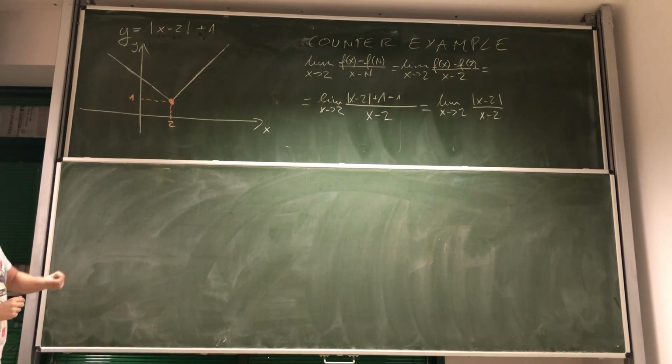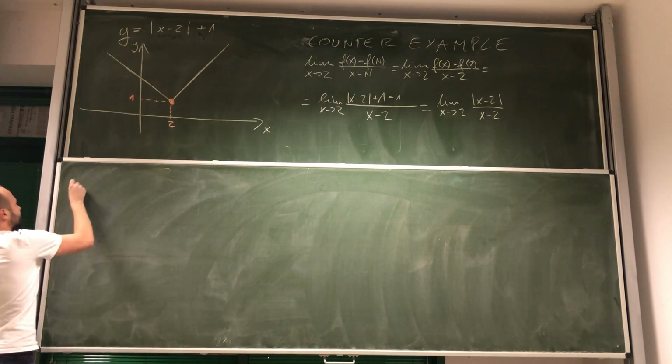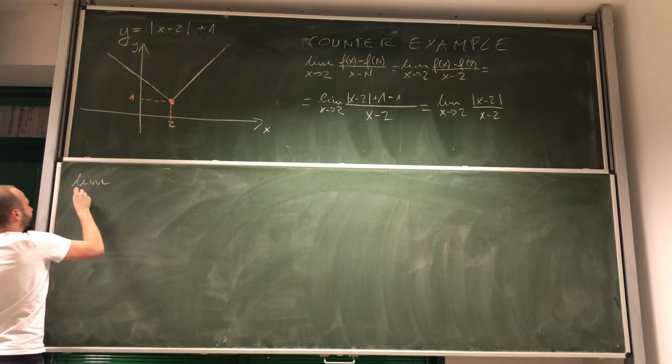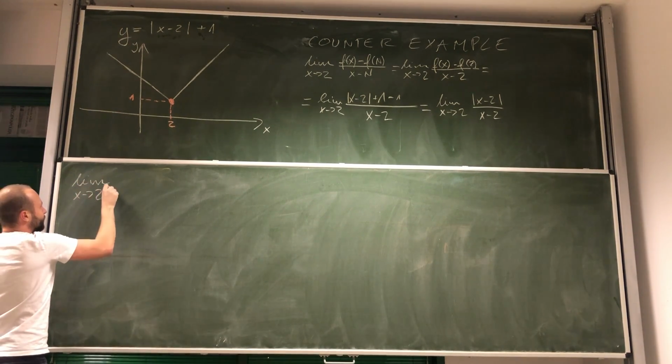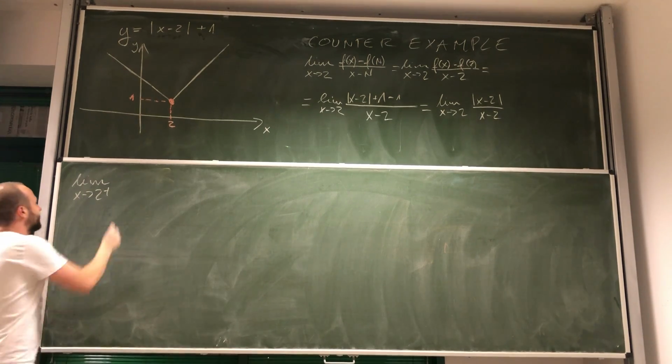And let's start with the right side limit. Okay, so we've got the limit with x approaching 2 from the right side.